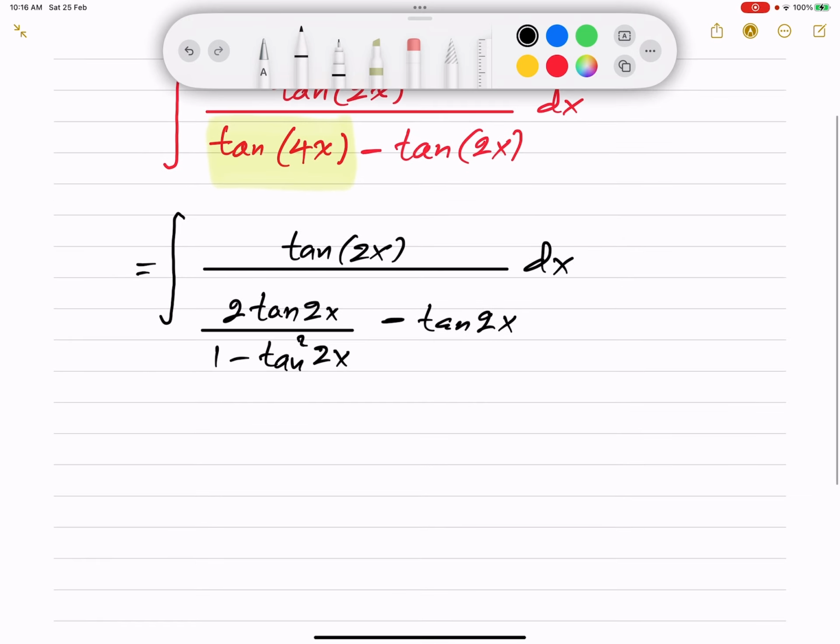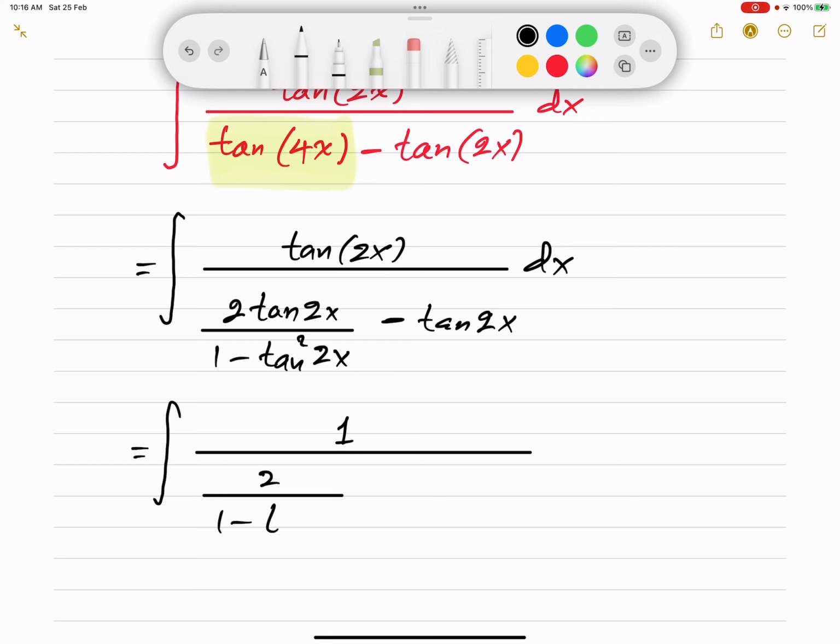And then I will divide both the numerator and the denominator by tangent of 2x. So that's going to give us 1 divided by 2 divided by 1 minus tangent squared of 2x minus 1 and then dx.